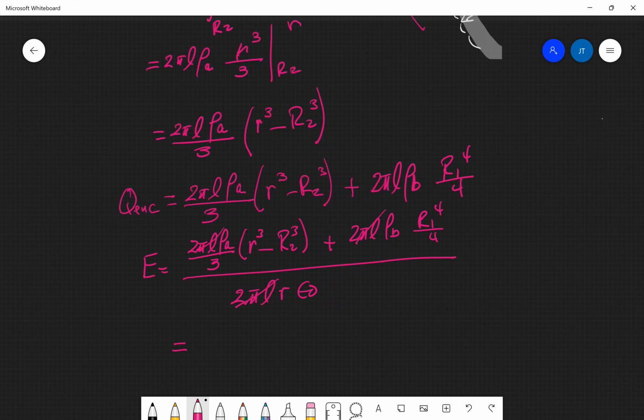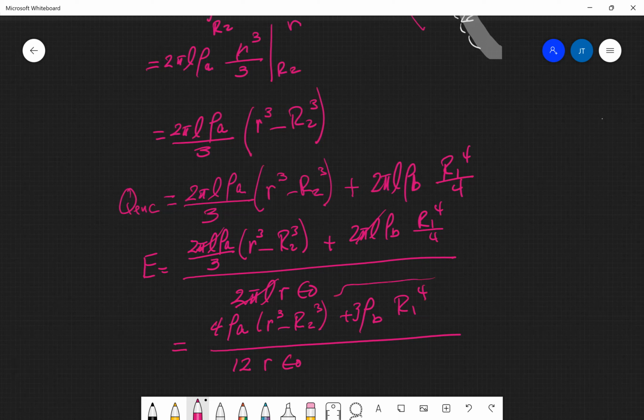So basically we'll have 4 rho A R cubed minus R2 cubed plus 3 rho B R1 to the 4 over 12. I got a common denominator between the 3 and the 4, 12. That's why I have a 4 here and a 3 there. R epsilon naught. And that is the electric field.